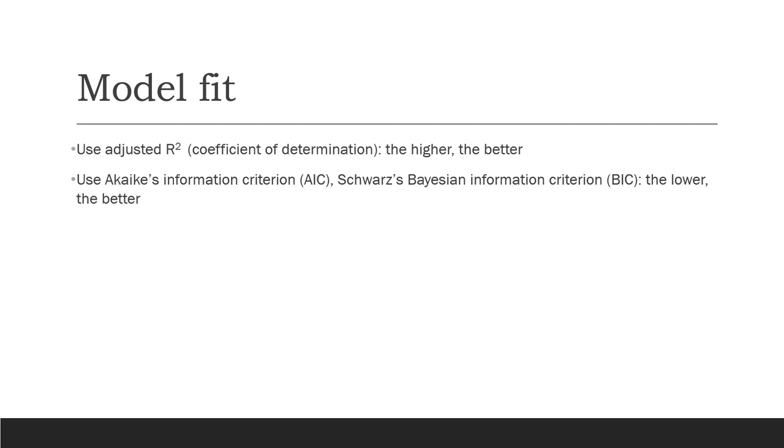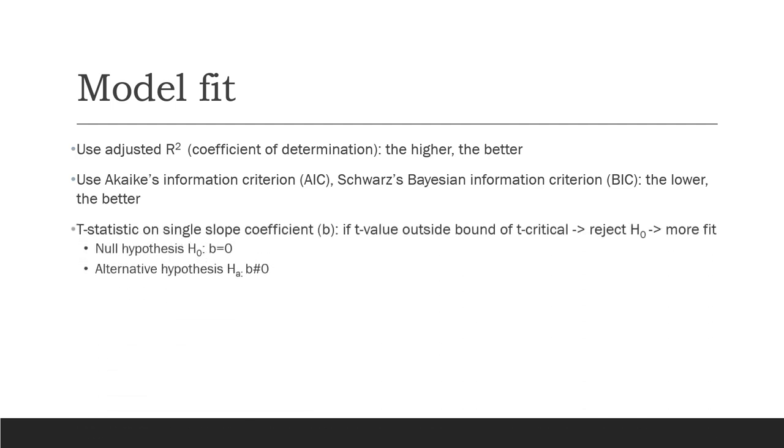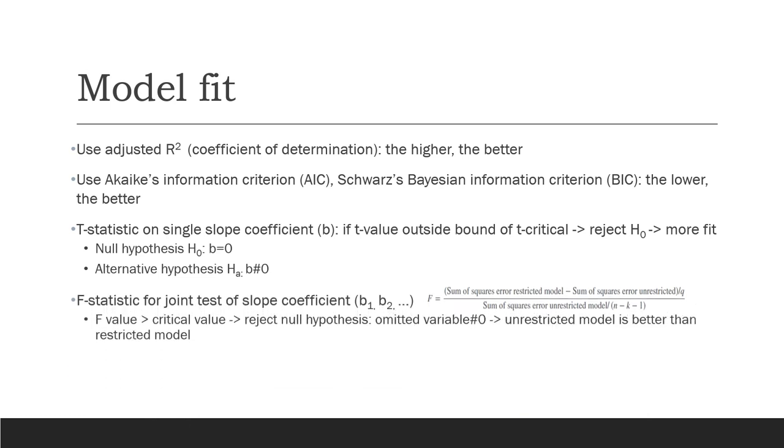The other way is to test if the slope coefficient is significantly different from 0. You calculate the t-statistic and compare with the t-critical, and if it is outside the bounds of the t-critical values, we can reject the null hypothesis, which means it is a better fit. Or you can use the F statistic. The F statistic is usually used to test the slope coefficients to compare which model is a better fit.